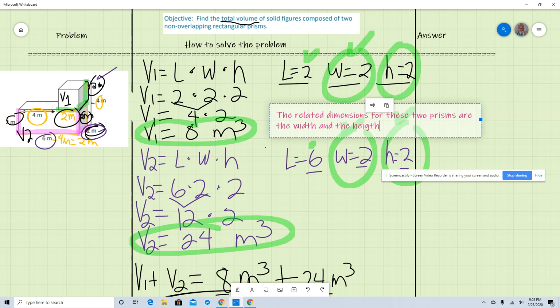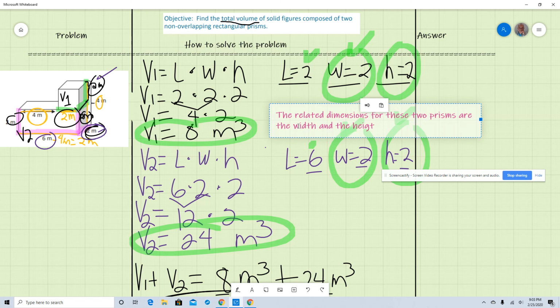How do you spell height? The height. Okay, the height and the width. Actually, we call that the height. Anyways, let's continue.